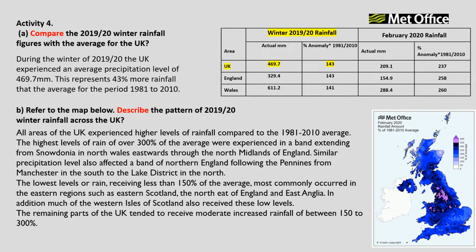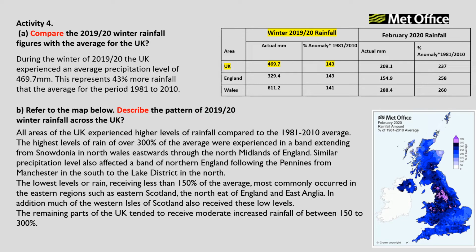Part A for this question is asking you to look at a table of data. So it's asking you to look at the winter rainfall, and in particular the February rainfall for the United Kingdom in comparison to the average rainfall for that time period. You've got 2 main columns: the winter 2019-2020 rainfall, and the February 2020 rainfall.